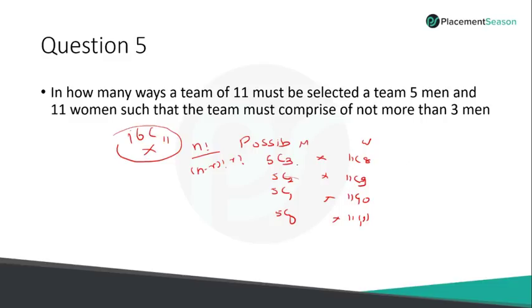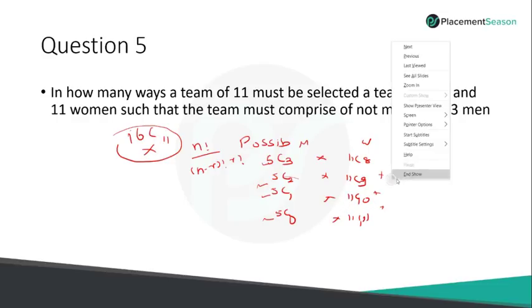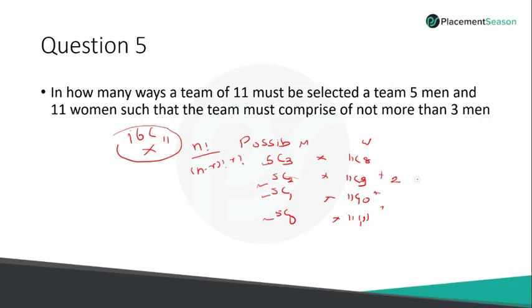So just calculate 5C3 into 11C8 and add all these, and you will get the answer, because we apply the addition rule here. This is a single event, and this is also a single event. This is also a single event. So whenever we have multiple events, we use the addition rule. So adding all these, you will get the answer as 2256.